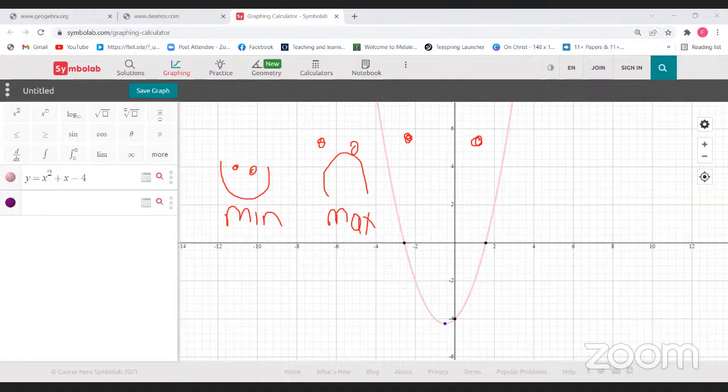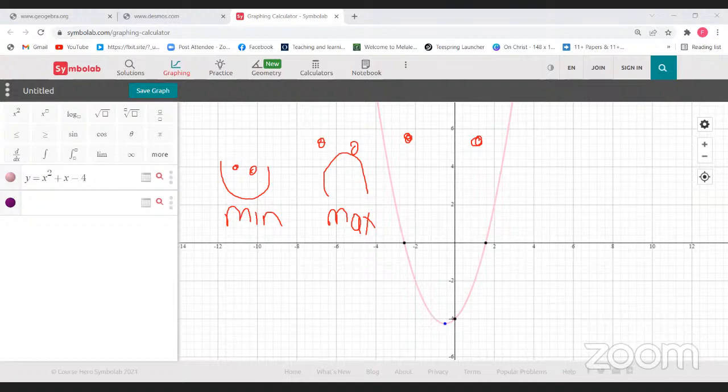It has something to do with the A. Yes, the A. So you know that the function is x squared plus x minus 4.